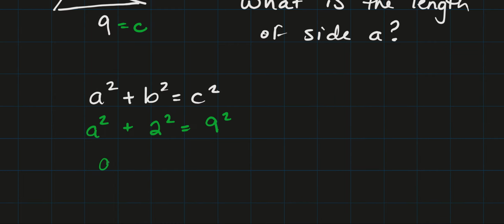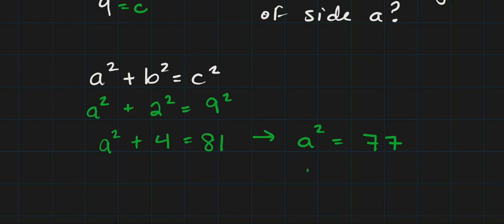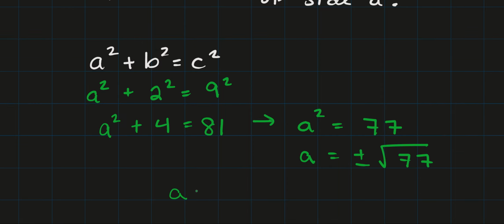So let's continue this. This is A squared plus 4 is equal to 81. Subtract 4 from both sides. We get 77. And then take the square root. Now remember, when we take a square root, we get a positive and a negative, but because we're dealing with a length of a triangle, we're only going to take the positive value. So this is the length of A.